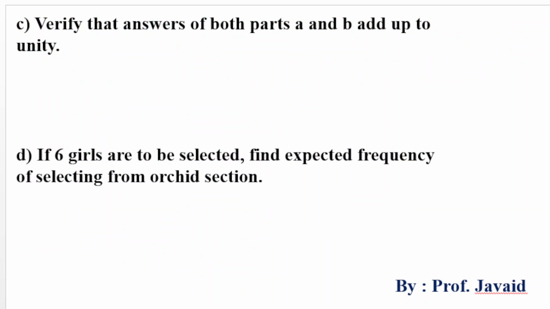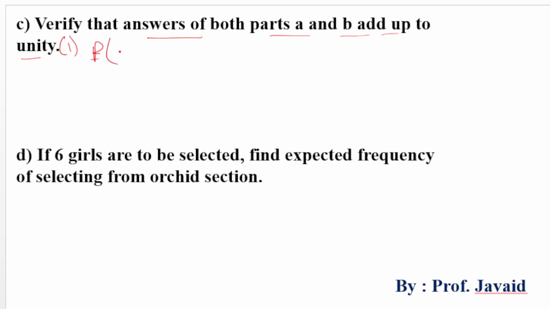The third part is: verify that the answers of both part A and B add up to unity. So basically unity means 1. Unity is an English word but so simple. Okay, so let's see both answers.